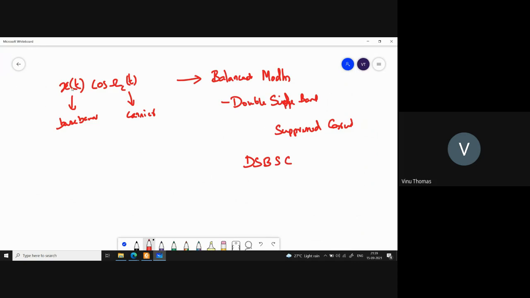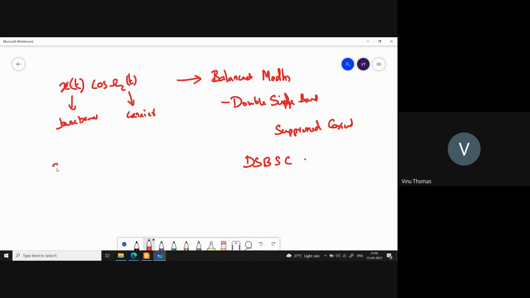If I multiply a low frequency baseband, the baseband being the signal that contains the information, which now has to be transmitted, we use what is known as a carrier frequency. This entire process, x of t into cos omega c t, is called a balanced modulator. You call this double sideband suppressed carrier modulation for reasons that you will study in a communication paper, hopefully in the 5th semester.